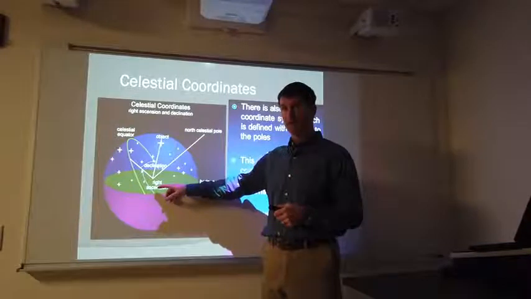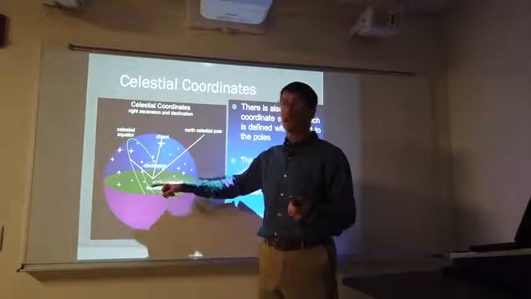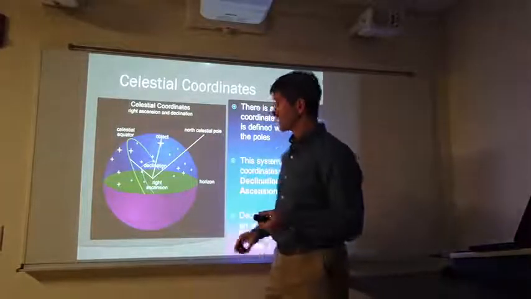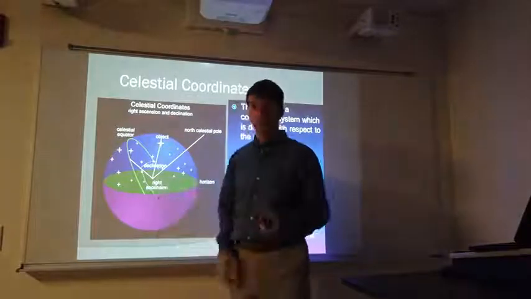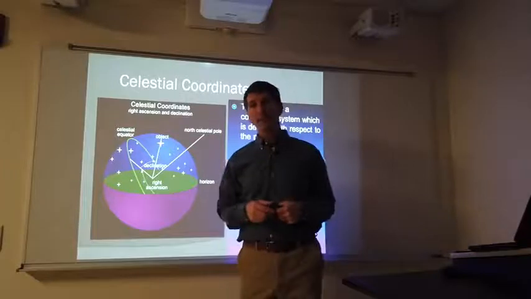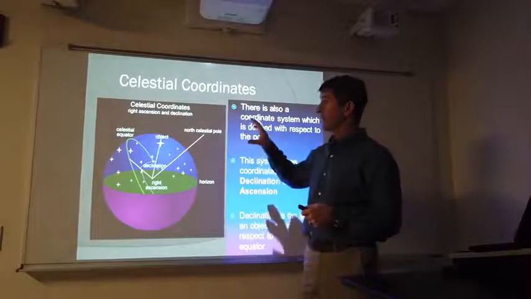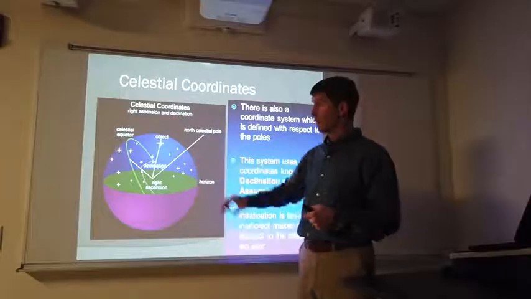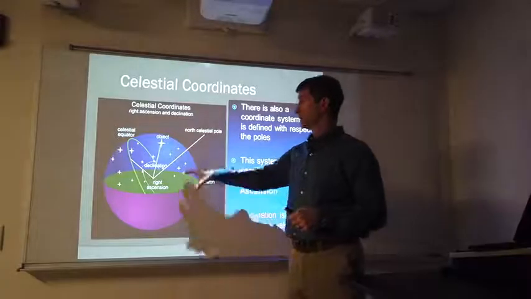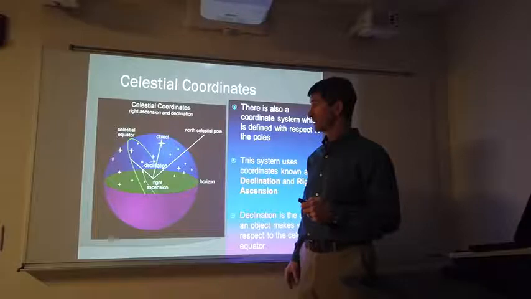Thus, objects are given coordinates that are associated with time, how far they are from what is called the vernal equinox, the place where the sun is on the celestial equator when spring first begins. So we can describe the coordinate system of different objects, and they'll never change for stars. They will change for planets and will change for the sun and the moon, with regard to these coordinates, right ascension and declination.